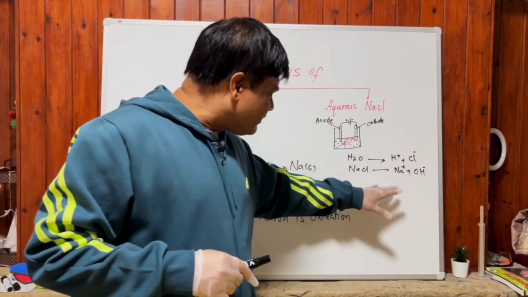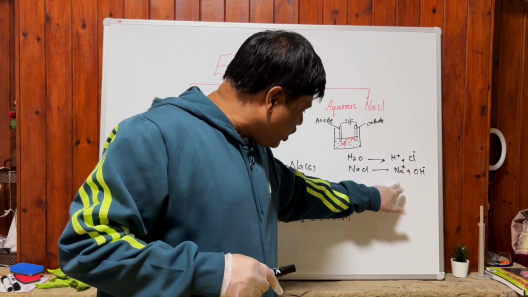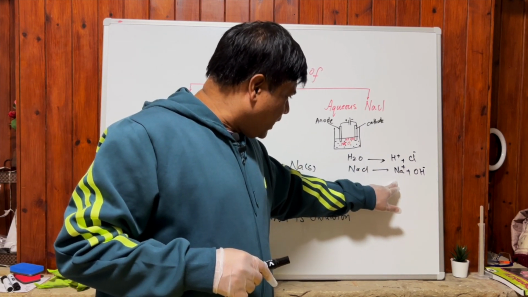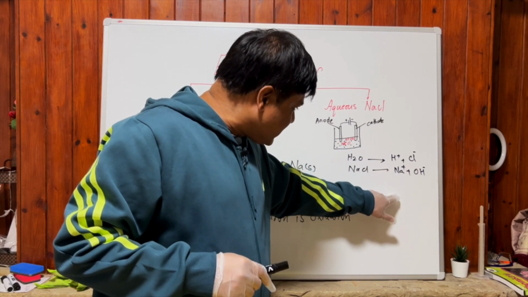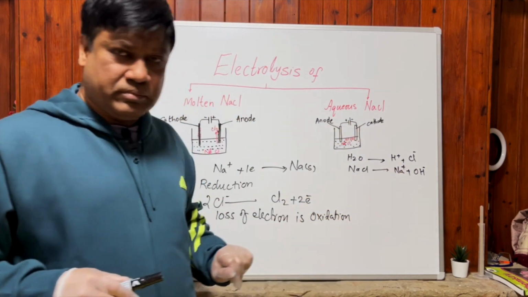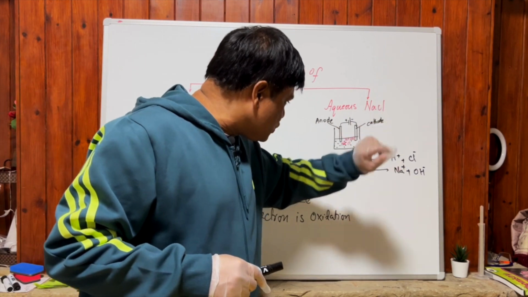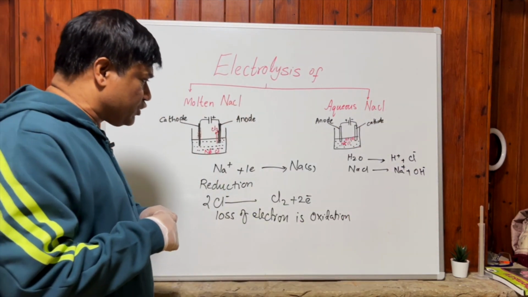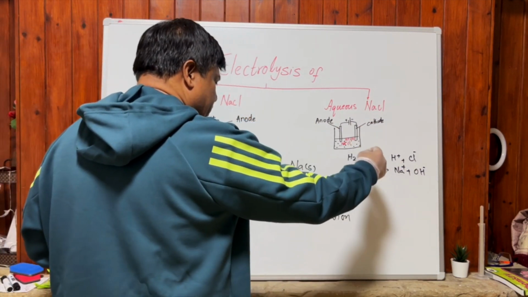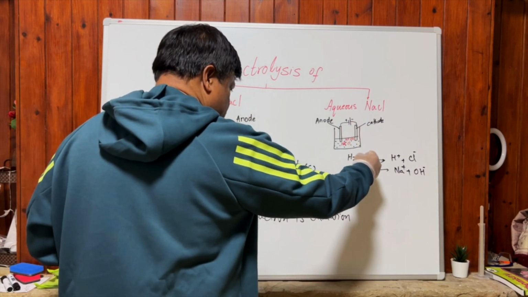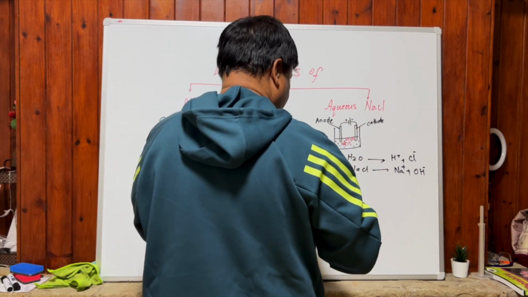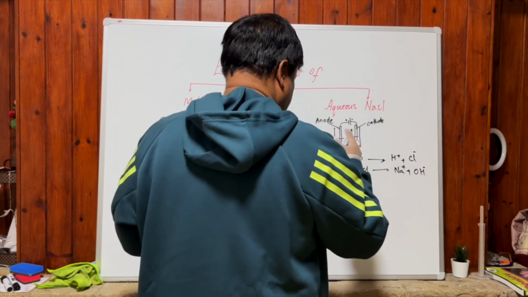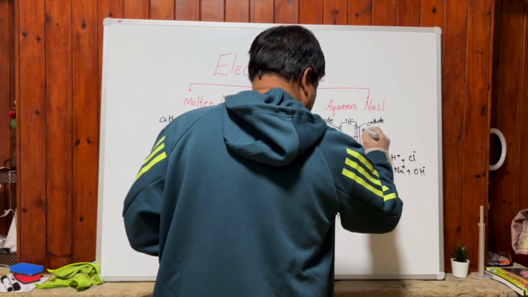Hydrogen is below sodium in the reactivity series, which means hydrogen is less reactive than sodium. So sodium displaces hydrogen, and hydrogen moves to the cathode. The hydrogen ion comes out as hydrogen gas at the cathode. So here we have H+ as H2 gas.